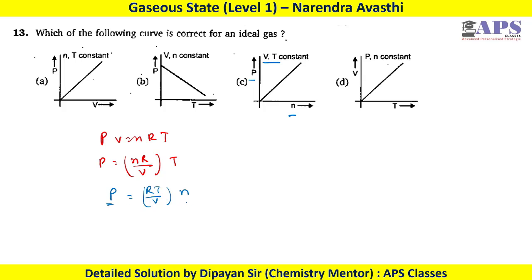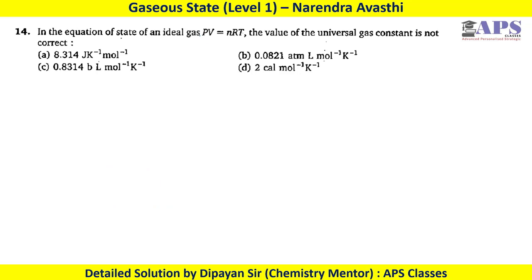So if you plot pressure versus number of moles at constant temperature and volume, it will give a y equal to m x kind of plot, which is a straight line passing through the origin with slope R T by V. So option C will be the correct option. You have to find the correct one.